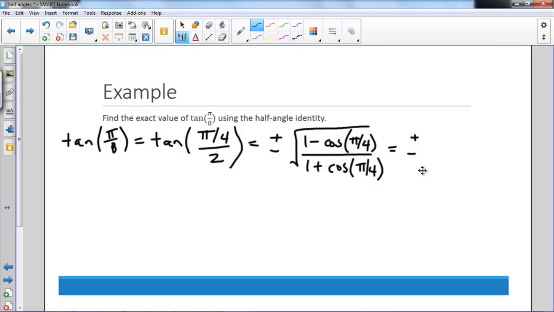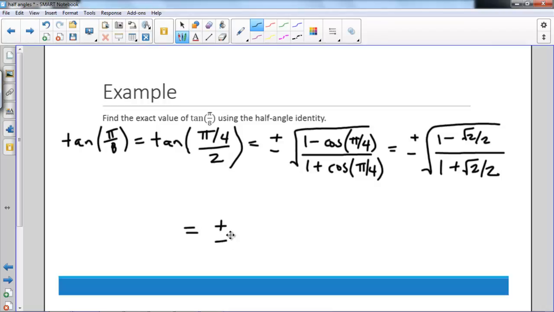Now I'm going to have plus and minus the square root of 1 minus cosine of pi over 4. Looking at our unit circle, that is root 2 over 2 divided by 1 plus root 2 over 2. And simplifying this, I'm going to be left with plus and minus root 3 minus 2 root 2.